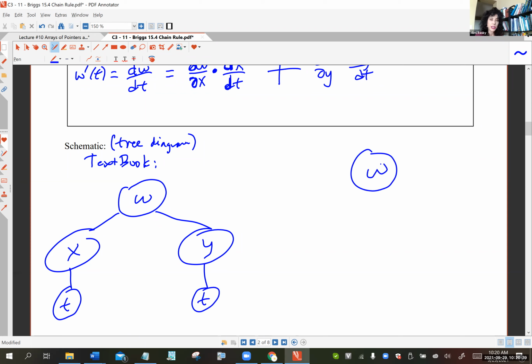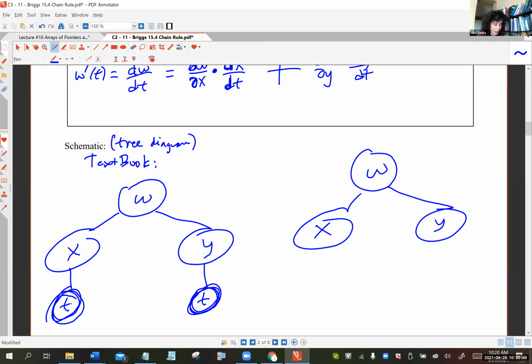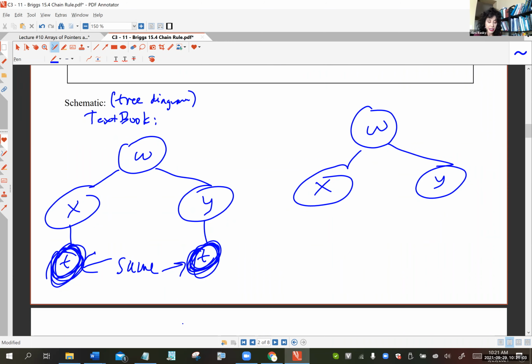I got w at the top of the tree. w is a function of x and y. And x and y are functions of t, but it's the same t. Like this t that you see down here with these two separate bubbles, the way the textbook does it, these are really the same guy. It's not like this t over on the left is a different t than the one over on the right, but it kind of looks that way, the way that diagram is written.